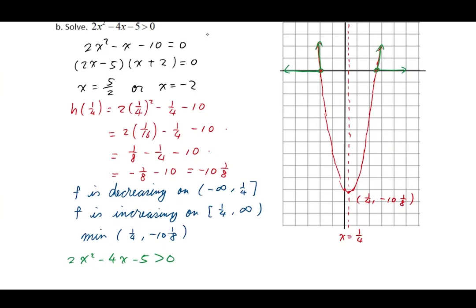So the solution to that would be, this is negative infinity and this is positive infinity. So negative infinity to negative 2, parenthesis in order to exclude that boundary point, and union that with the other one, 5/2, all the way to infinity. Good. Hopefully this wasn't too much for you.